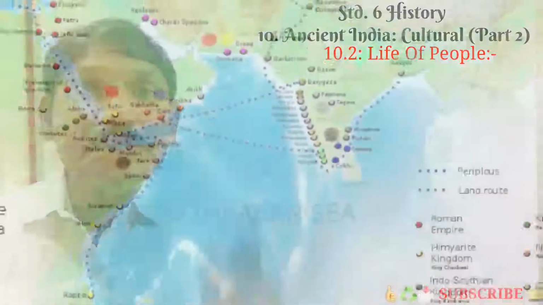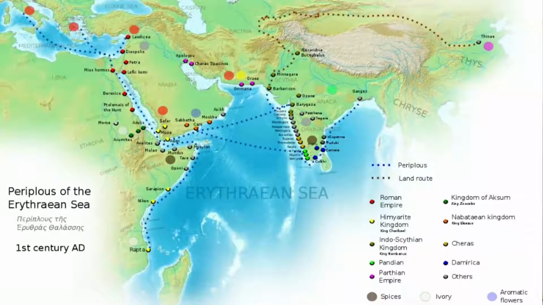In the last chapter we have studied Periplus of Erythraean Sea. In Periplus of Erythraean Sea, one of the ports is mentioned, that is Muziris. Muziris was an important port at that time, and that was used to export the things. What kind of things were exported, that we have studied in the last video?